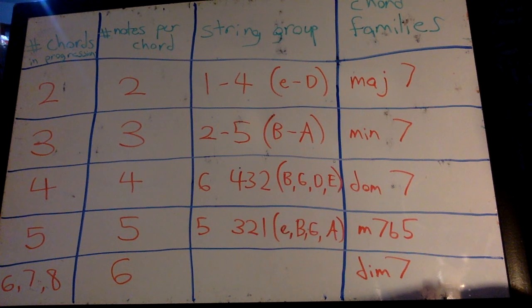Let's see. Anything else to say here? Yeah, so what I like to do a lot of the time is reverse engineer music theory. And what I mean by that is you write your chord progression first without knowing, don't even think about the names of the notes. Just remember what the shapes are. Just write your chord progression without worrying about music theory. Try any of these combinations and suggestions.